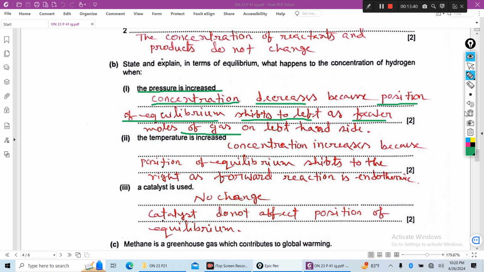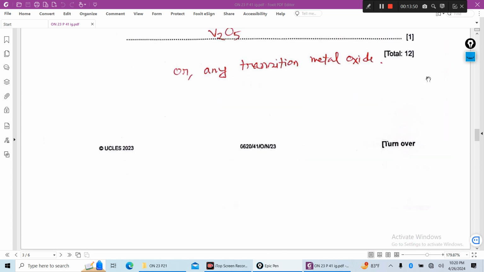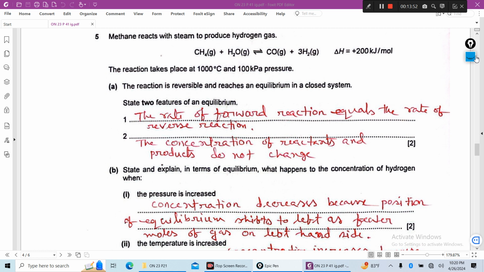Now you see number 2, the temperature is increased. As this reaction's delta H is positive, left to right is endothermic reaction.